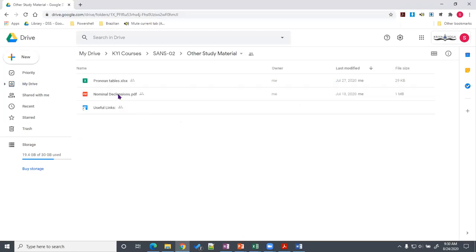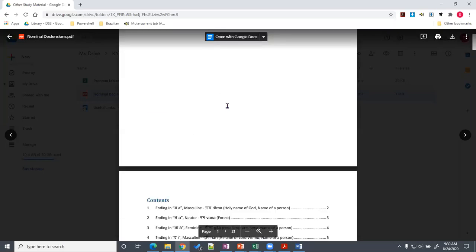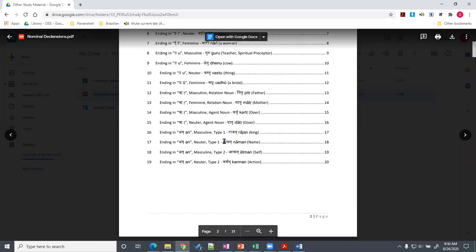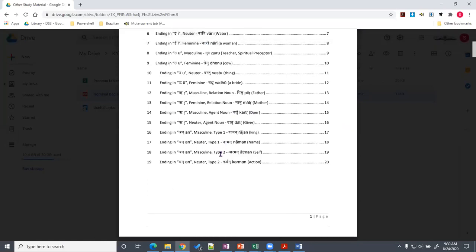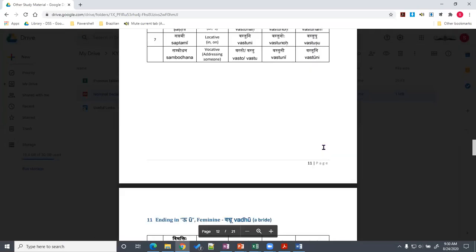So Swami Tapasyananji prepared this nominal declensions. I hope you are taking advantage of it, where he has given all the forms of all the noun forms. So Rajan here, it is on page 17, 16 number form.